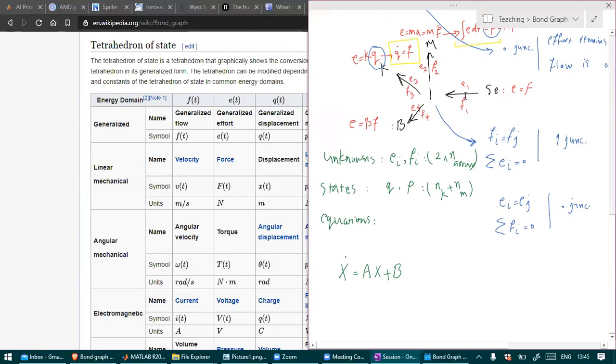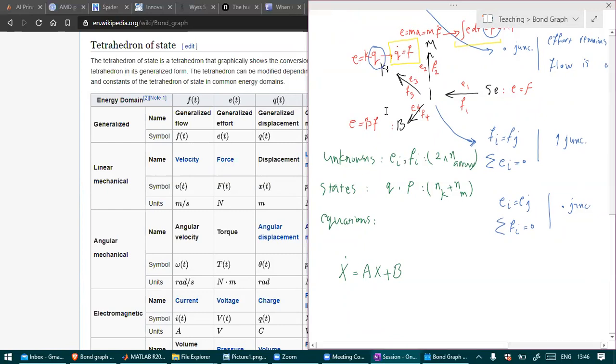Each of these arrows shows the power in part of the system, and the power is defined by effort and flow, by force and velocity. So each arrow represents the power in part of the system, and the power is defined by two variables. So to get the distribution of power in the whole system, we have to solve for these 2 multiplied by the number of arrows. And we get the distribution of power in the system. Okay, I got it.